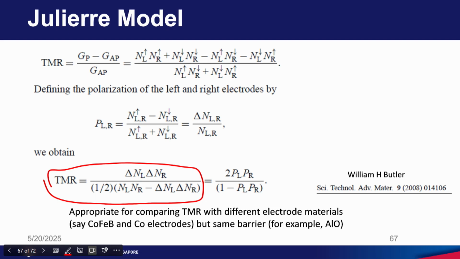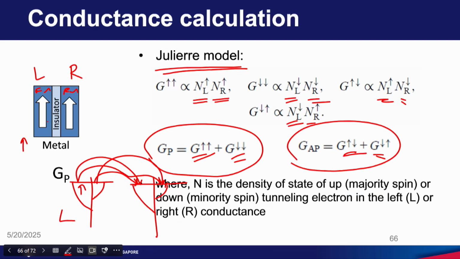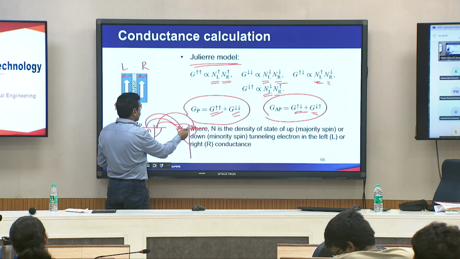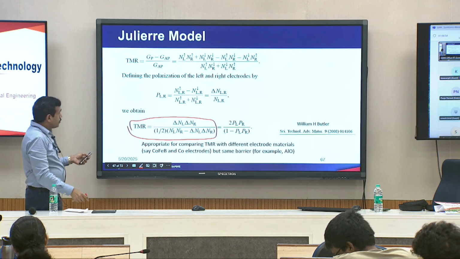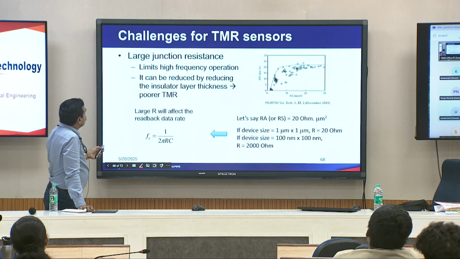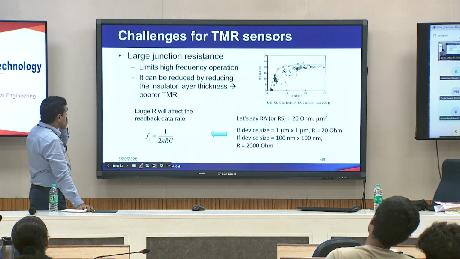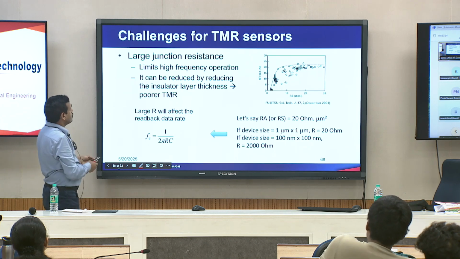So, this is one model. What it states is that in this case the probability of tunneling depends on the available states and so on, the number of electrons that can go from one side to the other side, and the density of states available on the other side. Okay, we will learn the other theory later.